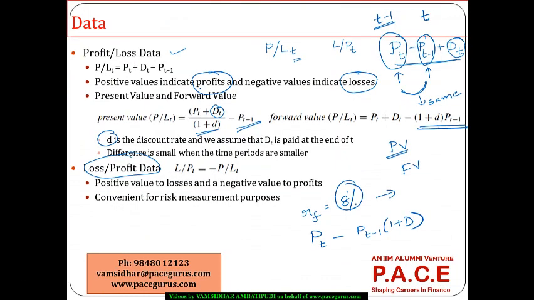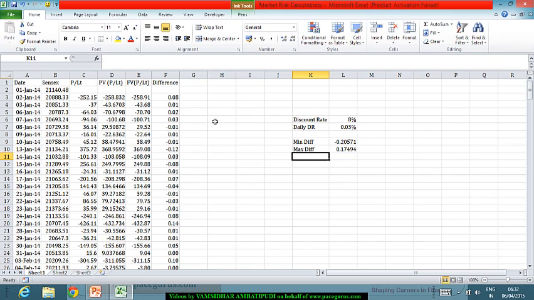Why is it so? The differences are small when the time periods are smaller. The moment I increase the time period, now instead of daily values, let's say I am taking them for quite a longer period, and otherwise also, if I am increasing the discount rate to 15%, now you see the differences are getting wider.